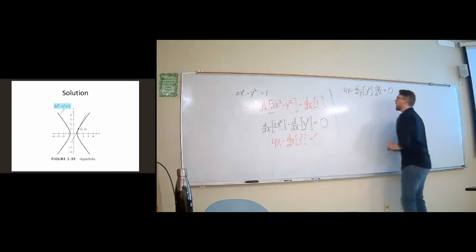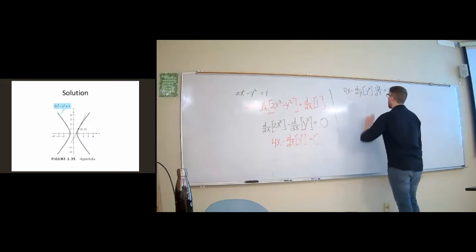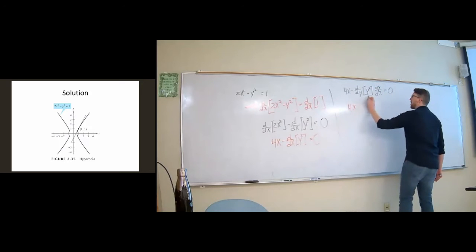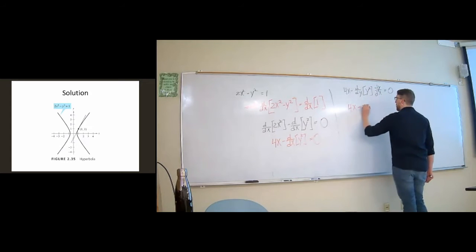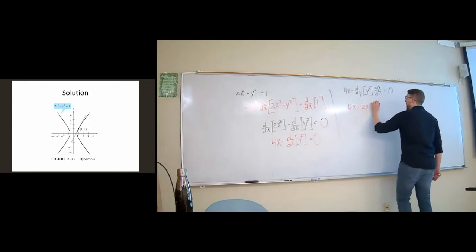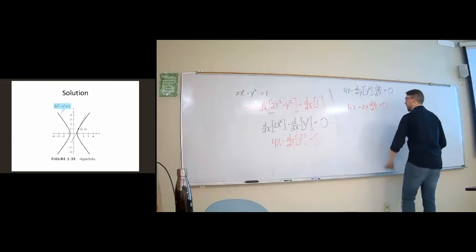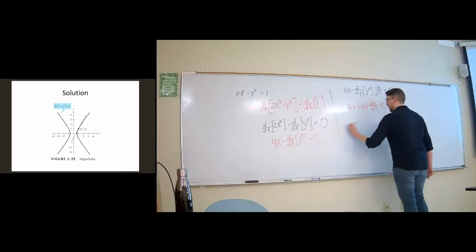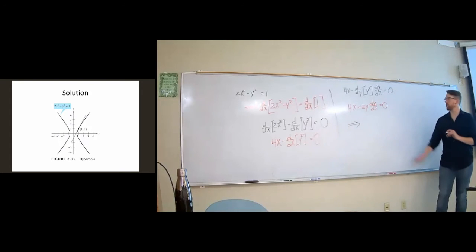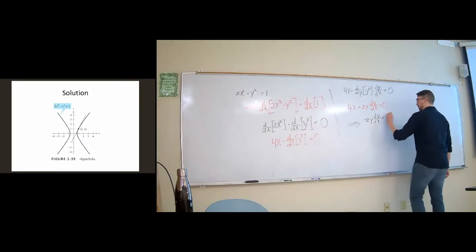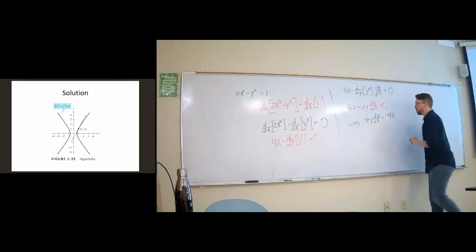Now, from here, we've got 4x minus dy, d dy of y squared. That's going to end up being 2y times dy dx is equal to 0. Well, this tells us then that if we subtract 4x from both sides, negative 2y times the implicit derivative of y with respect to x is equal to negative 4x.